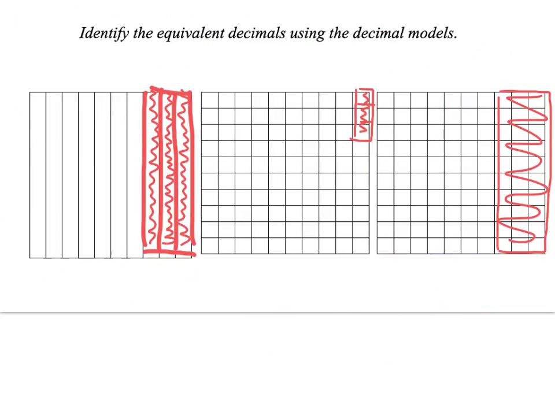Okay, let's look at another example. Here I have three figures again. My directions read, identify the equivalent decimals using the decimal models. So in looking at these three figures, you may immediately identify that this first figure has 3/10 highlighted.